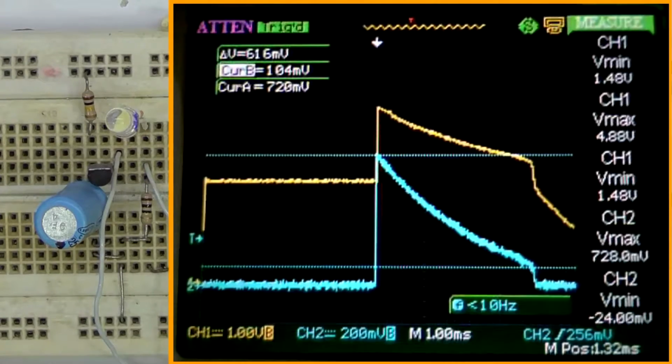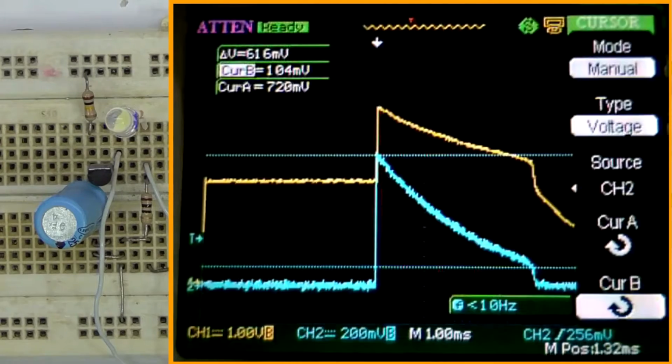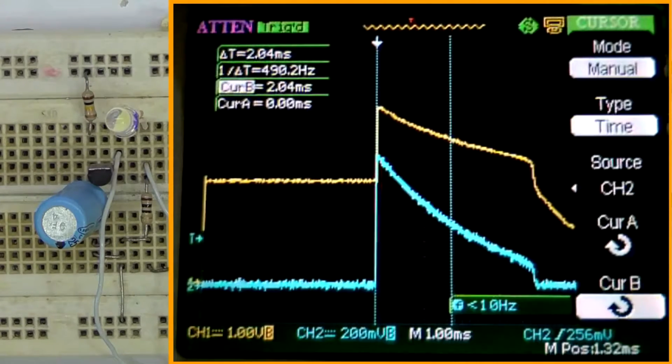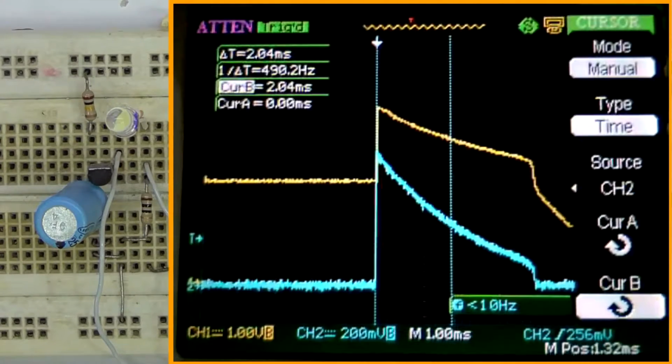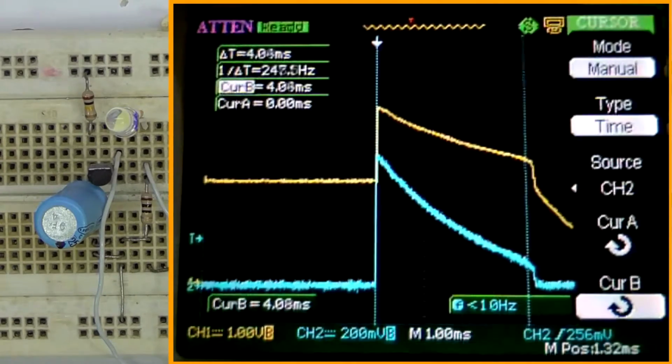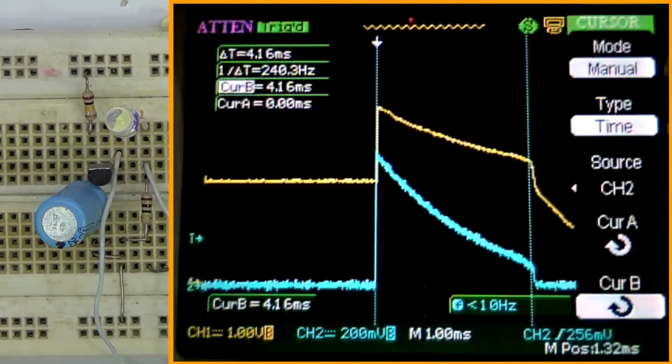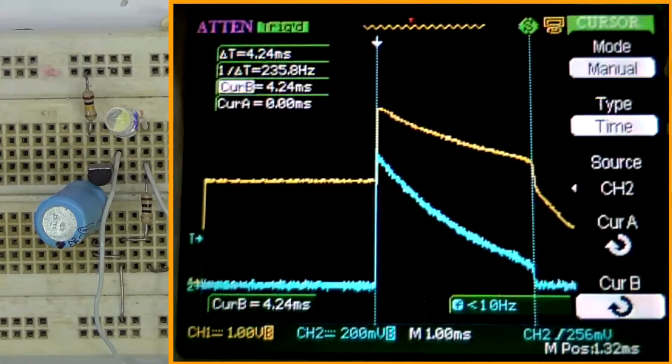So let's switch it to time. Yes. Let's measure. Cursor B, we will move to the blue trailing. So we've got 4.24 milliseconds with 100 microfarad.